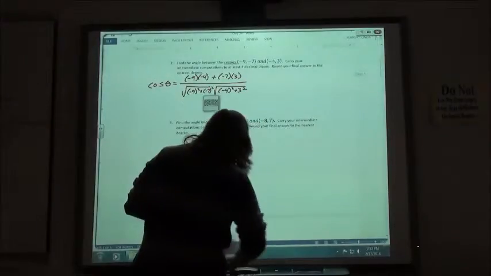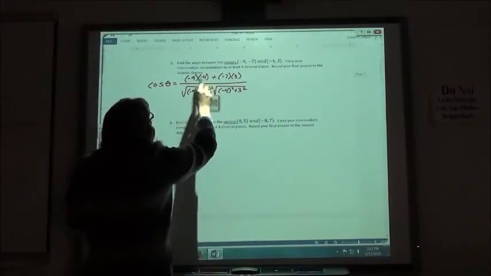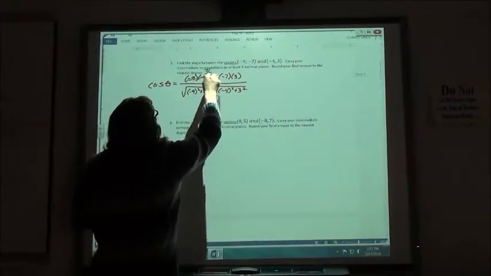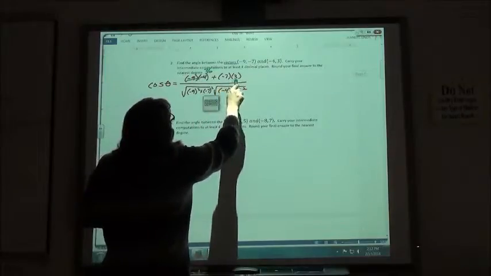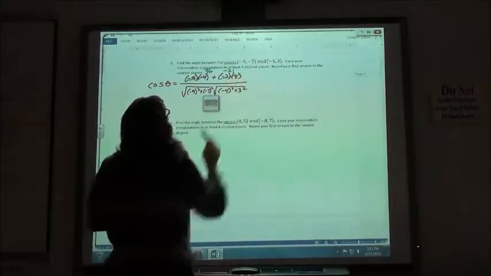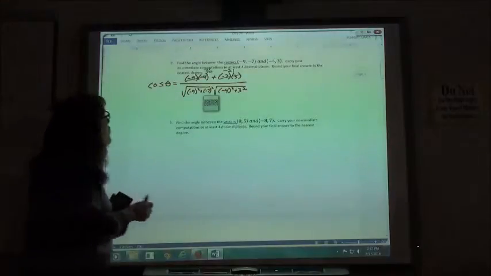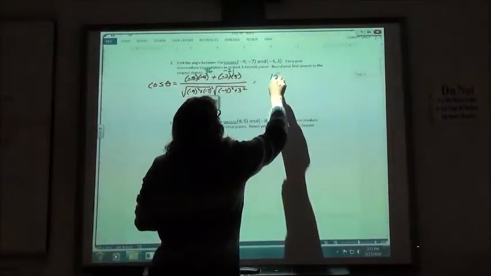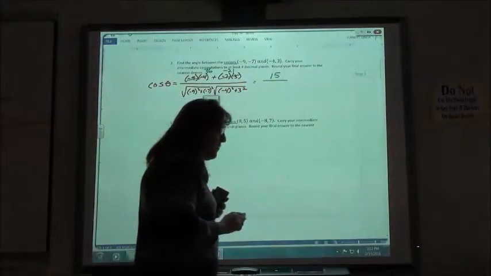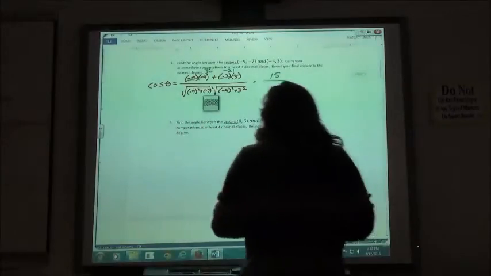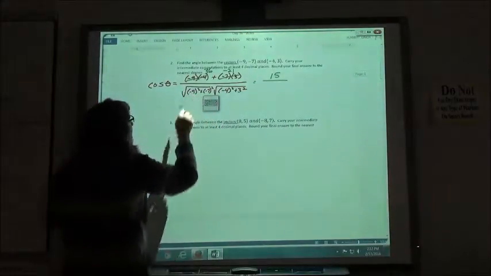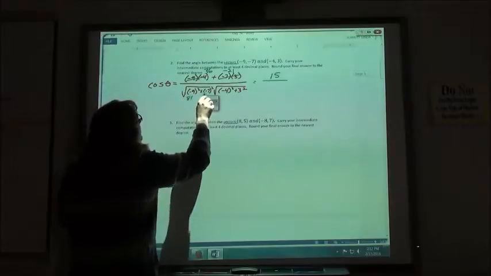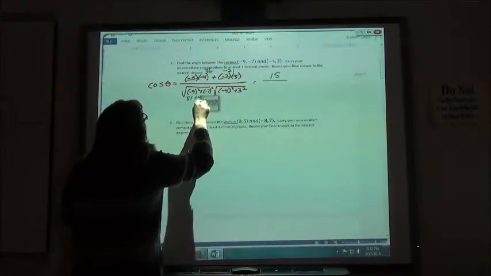So simplifying that mess, negative 9 times negative 4 would be 36. Negative 7 times 3 is minus 21. So 36 minus 21 is going to give me 15 on the top of my fraction. On the bottom, negative 9 squared would be 81. Negative 7 squared would be 49.